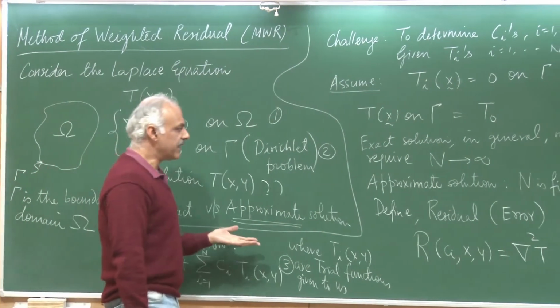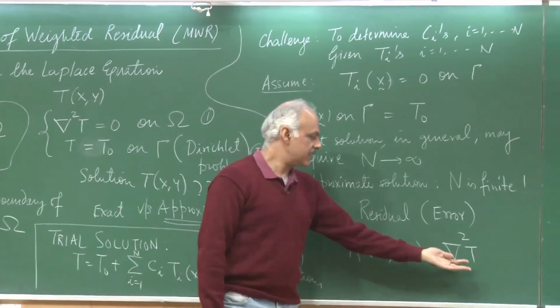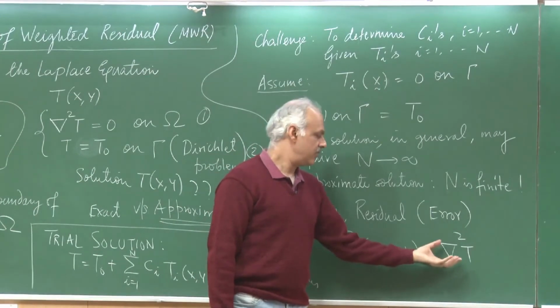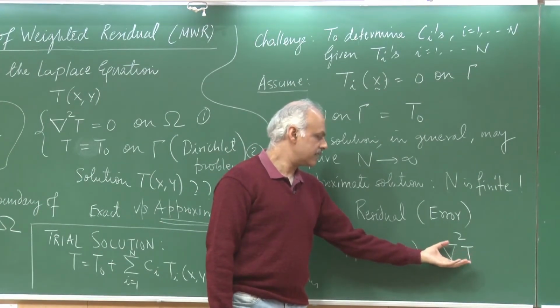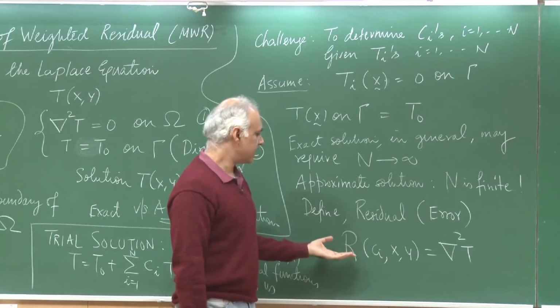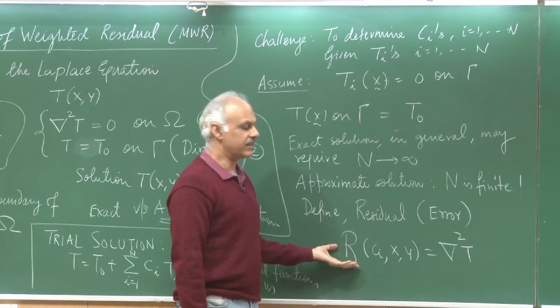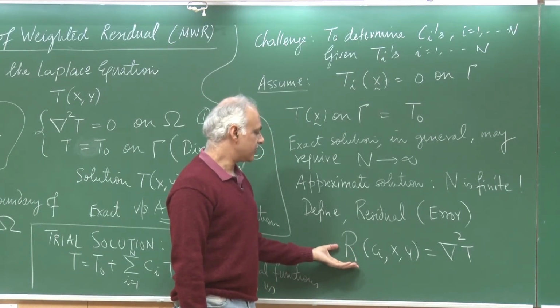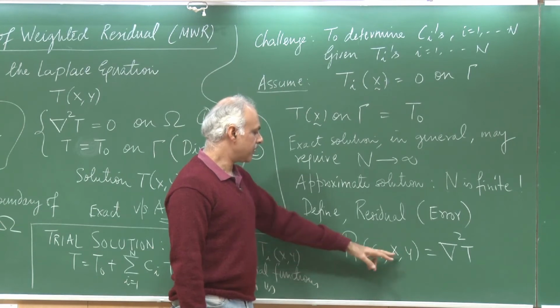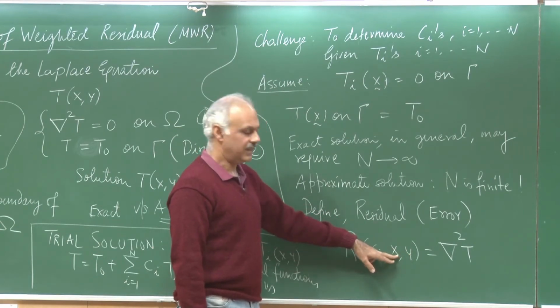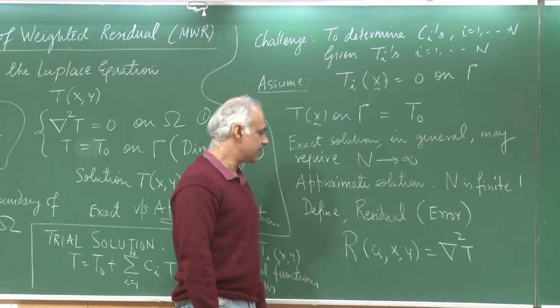But because I am finding an approximate solution, it is not going to be 0. So, the error in the Laplacian is what we will call the residual, and as you can very well see, it will depend on the location as well as these coefficients Ci.